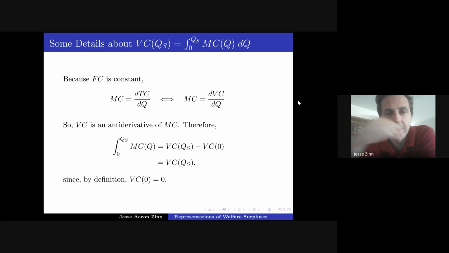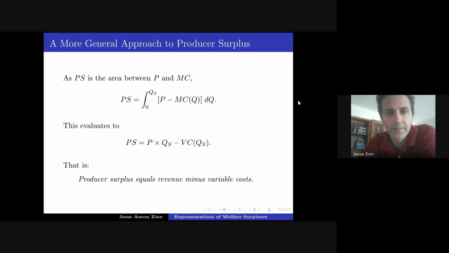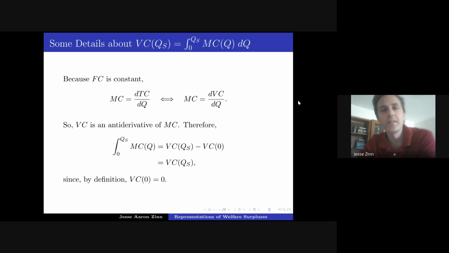If we were to do that integral, it's going to equal variable costs at the quantity supplied minus variable costs at zero. And of course, variable cost, if nothing is produced, is zero. So that means that integral is indeed variable costs at the quantity supplied. And so that's what led to that equation we have right there, that producer surplus equals revenue minus variable costs.